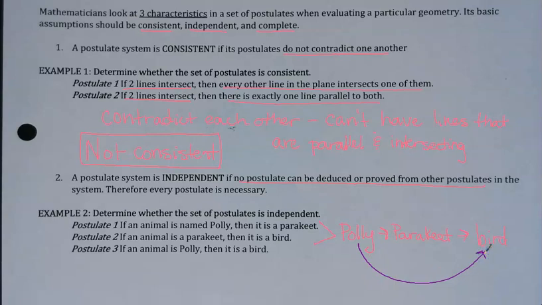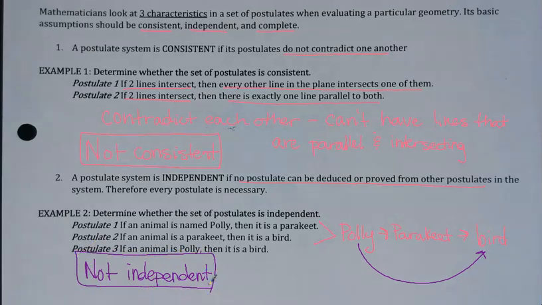Well, we don't need that postulate. We already know that from postulate 1 and 2. So that's just the logical conclusion. So that would mean that this one is not independent.